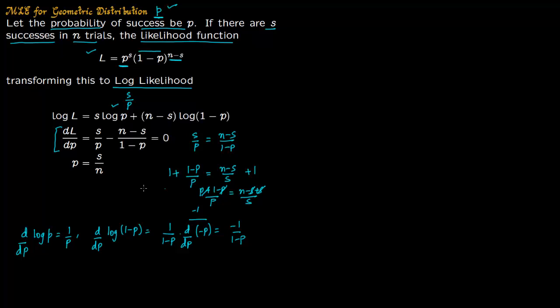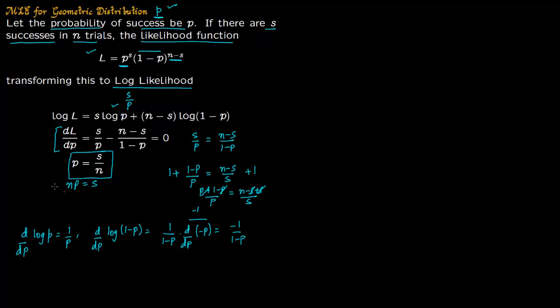This gives you exactly np is equal to s. So s is equal to n times p, and from here you compute p is equal to s by n. So total number of successes divided by the number of trials gives you the probability of success. If you had s successes in n trials, p is s by n.